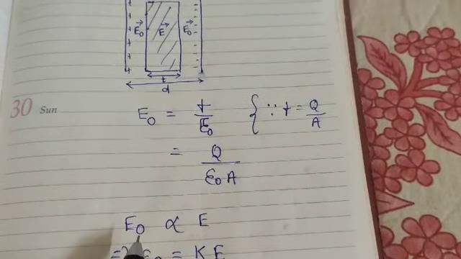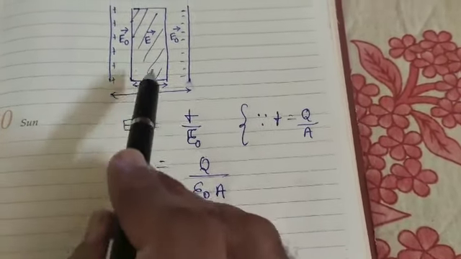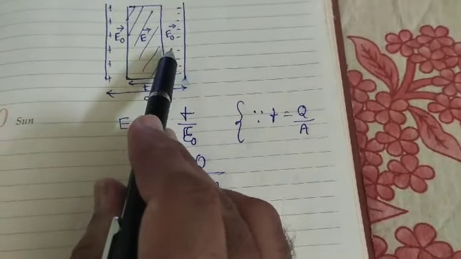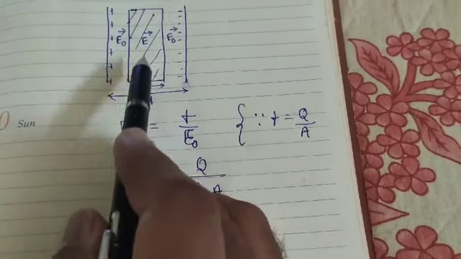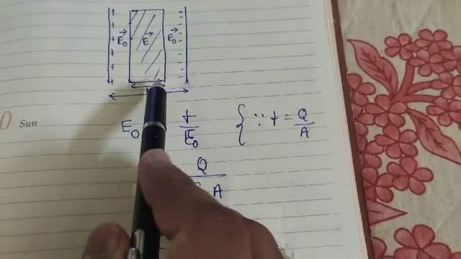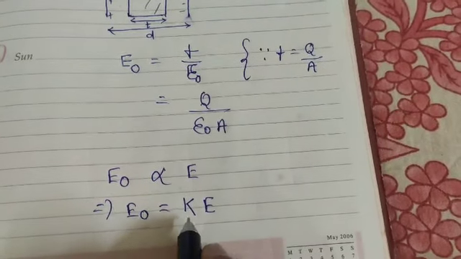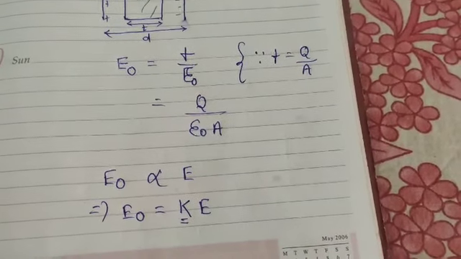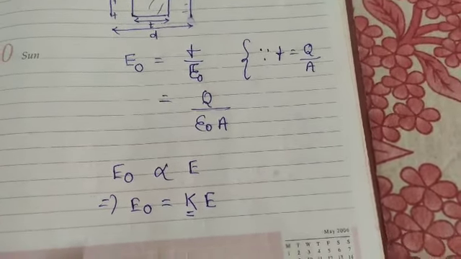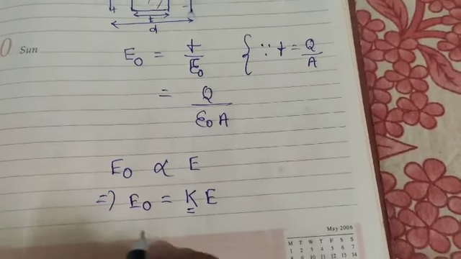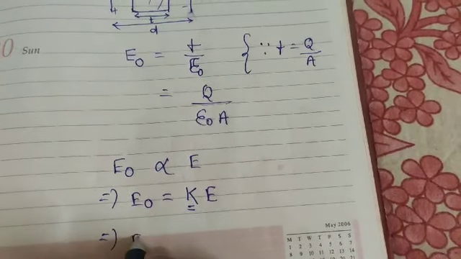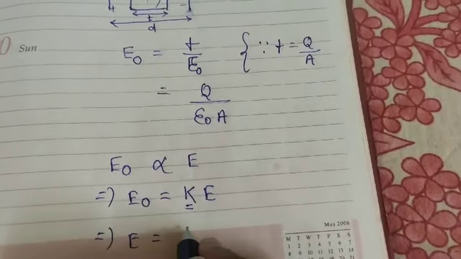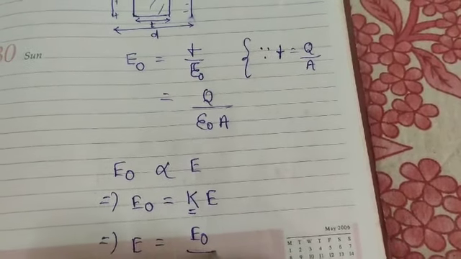E naught is the air electric field, and it is decreased in the slab's electric field. How many times is it decreased? K times. In any way you can remember. So what is your E? E equal to E naught upon K.